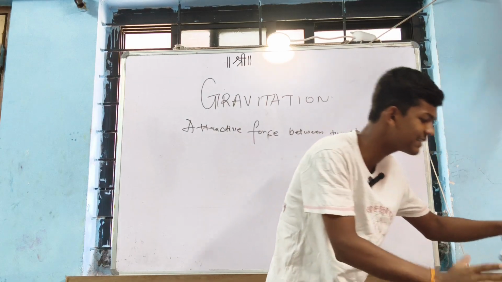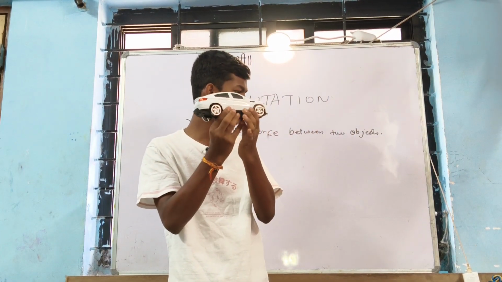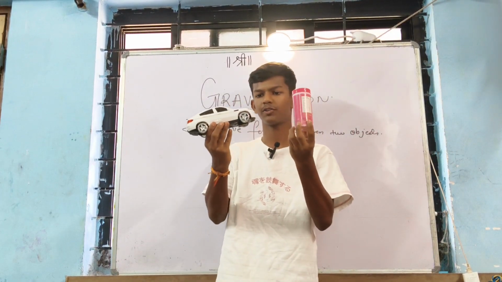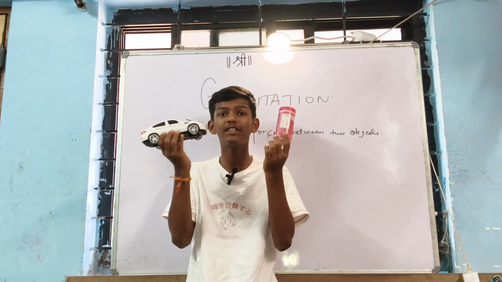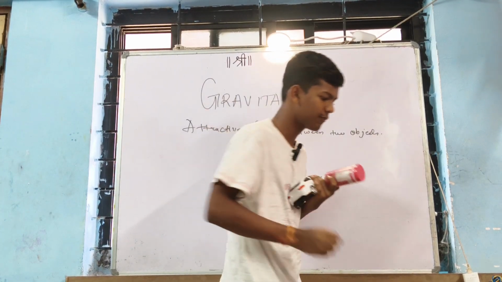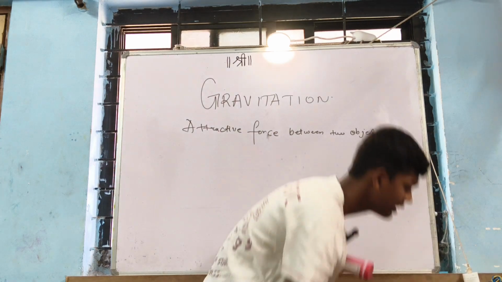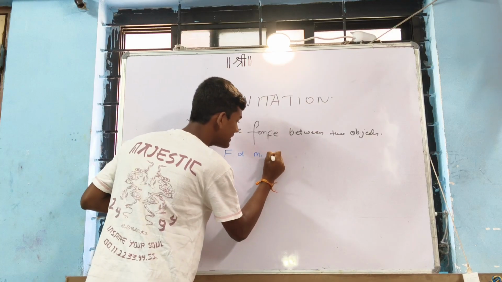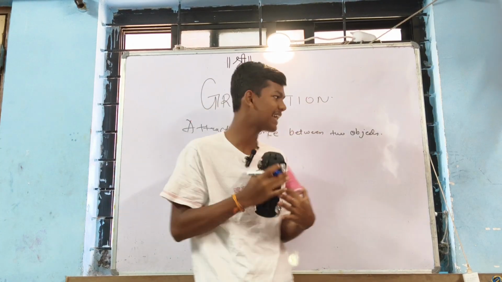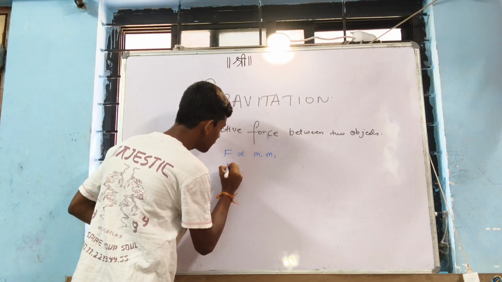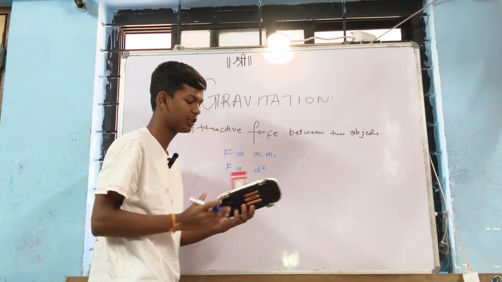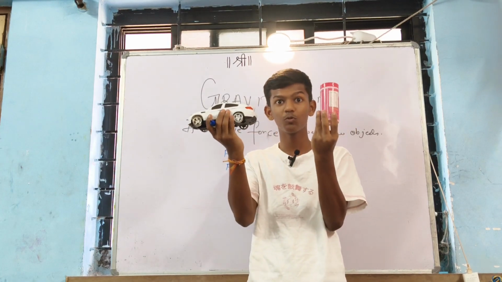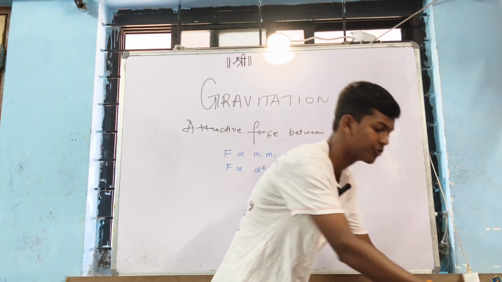Suppose this is a car, an object, and this is a cylindrical object. These two objects attract with a gravitational force. The law says that the force is directly proportional to their masses and inversely proportional to the square of the distance between them.